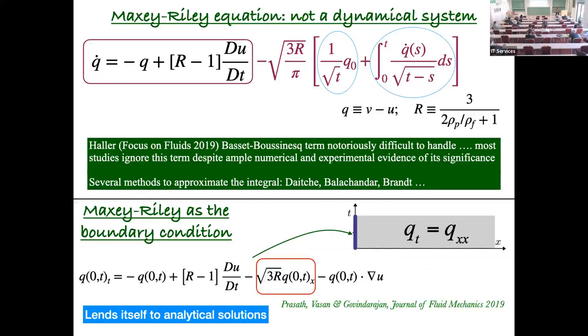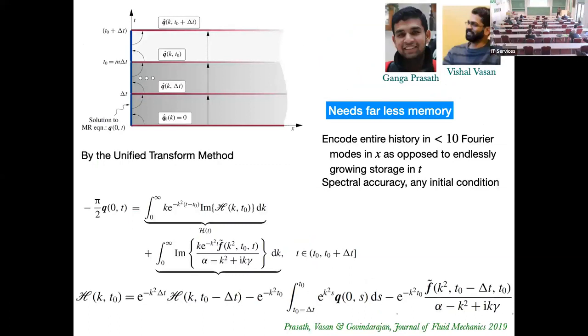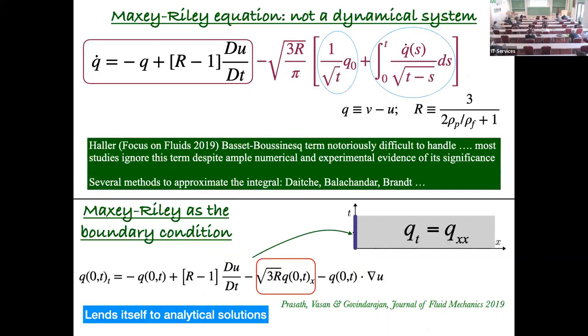But then what else can we do with it? So now we've created this imaginary, fictitious variable X, remember? And this is my time in which I want to solve for everything. And it turns out that the entire Maxey-Riley equation forms a Robin boundary condition.